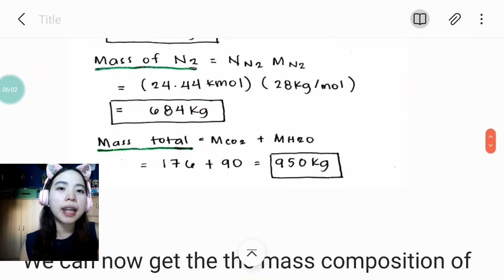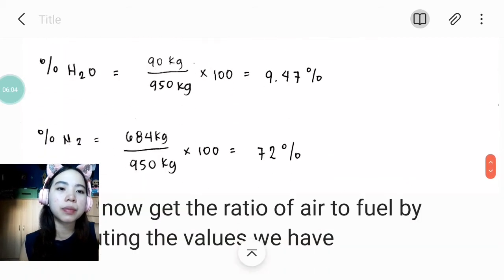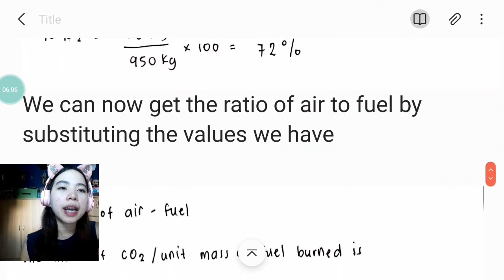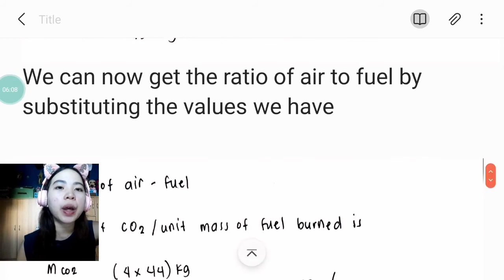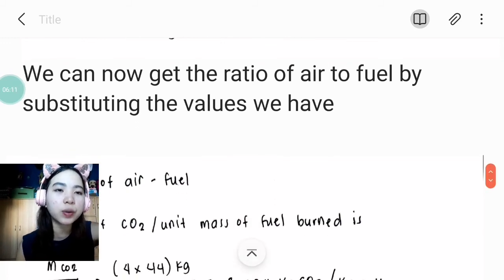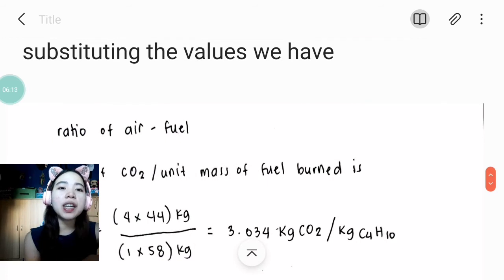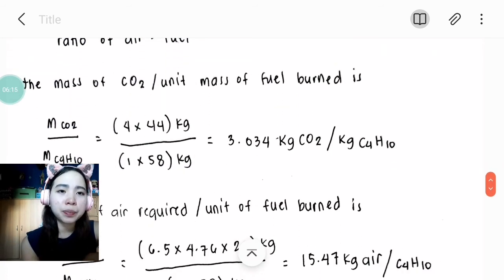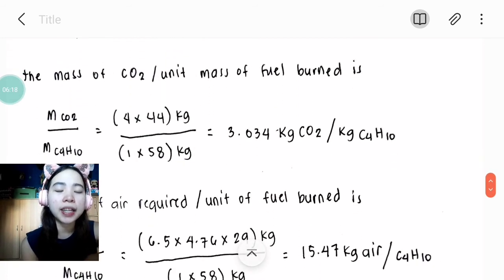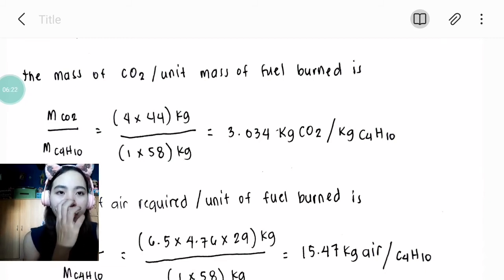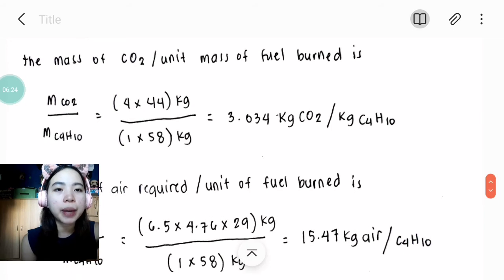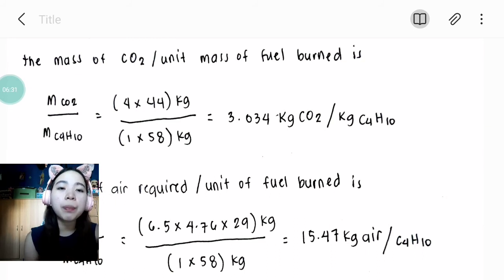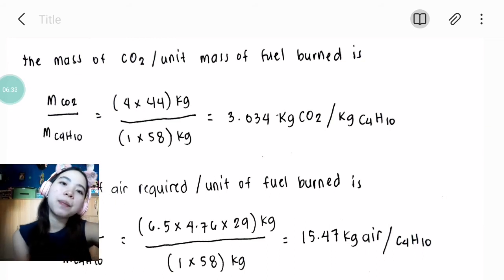And then we can now get the ratio of air to fuel by substituting the values we have. The mass of carbon dioxide divided by the mass of butane is equal to 4 times 44 kilogram divided by 1 times 58 kilogram, which is 3.034 kilogram of carbon dioxide per kilogram of butane.